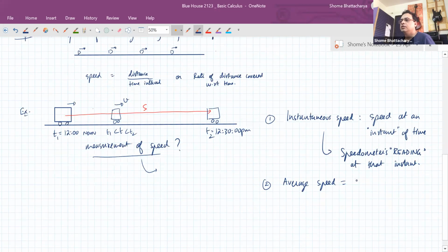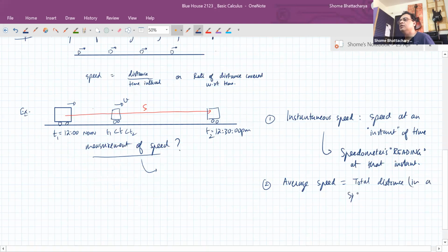Very good. So it is basically like a ratio. It is the total distance in a certain time interval, okay, in a specific time interval, divided by the time interval.